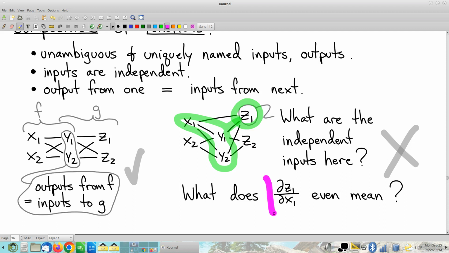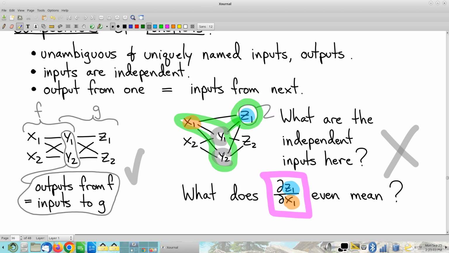And so then, let me ask the related question. What does this mean? Partial of z1 with respect to x1. Tempting to say, all right, well, let's just follow the rules. Here's z1, and we'll take the partial with respect to x1. That means x1 is going to be a variable. That now being a partial derivative, that means y1 and y2 would have to be constant, but it can't be. If x1 is changing, check it out, y1 is a function of, among other things, x1.